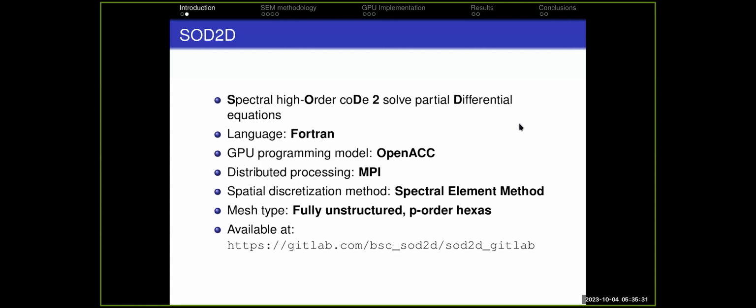The spatial discretization method, as implied by the name, is the spectral element method, which is a tentative optimization of the finite element method, which we'll get into in more detail. And this code has been taught to deal with fully unstructured meshes composed of p-order hexahedra. It's fully open source and available at the address displayed below with an MIT license.